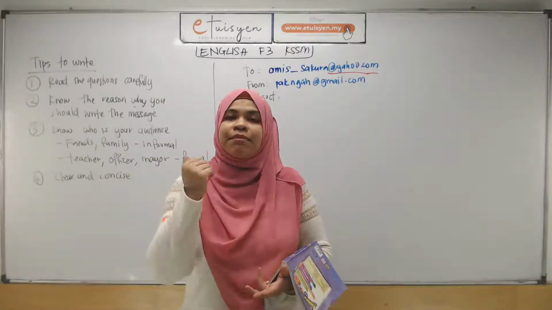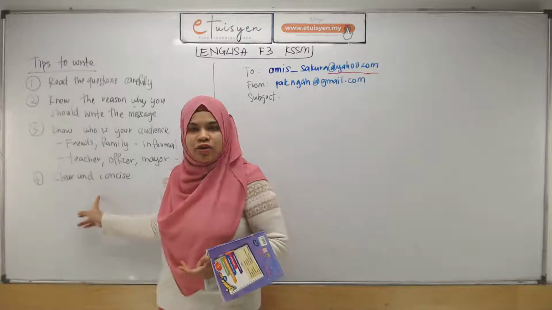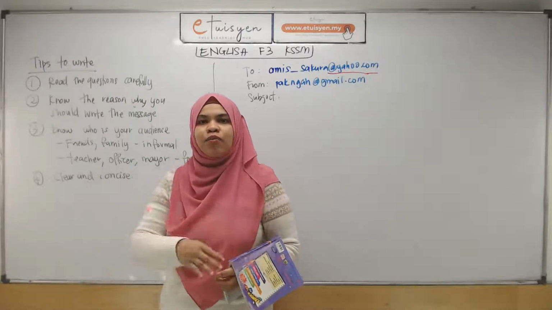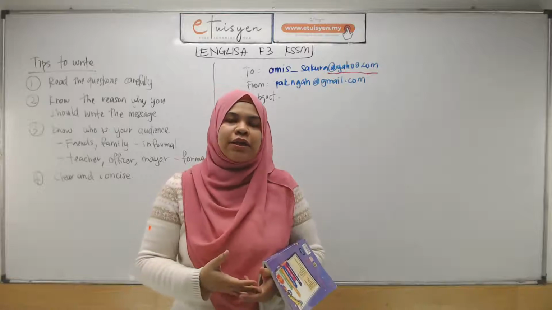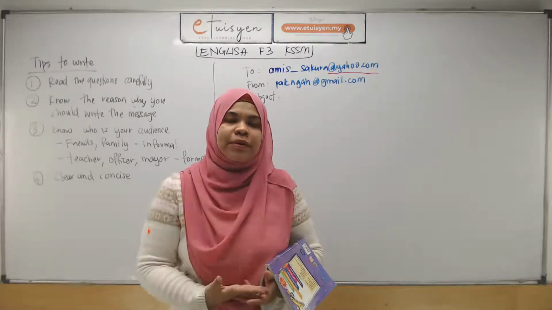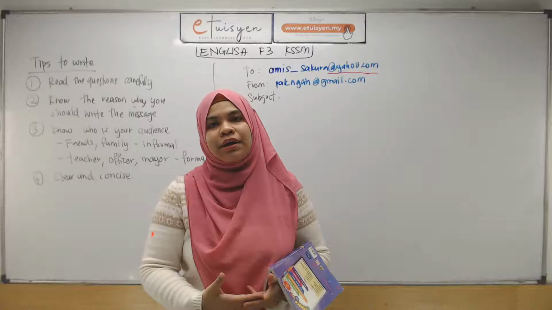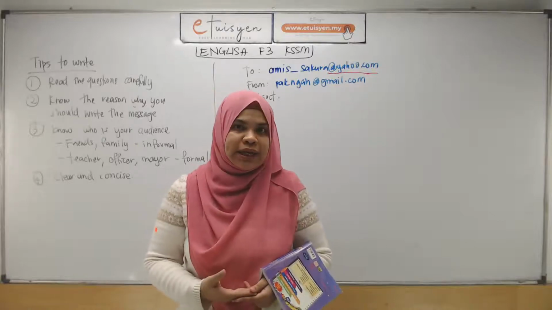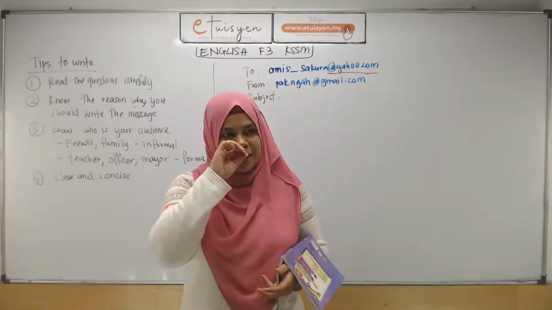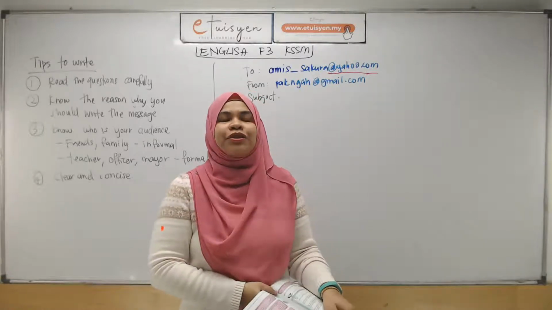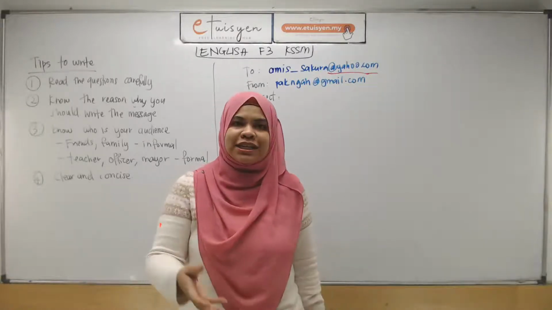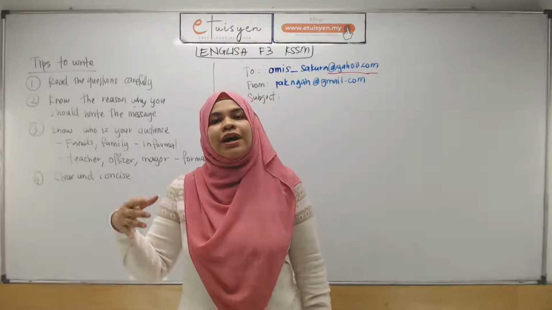Okay, yang ni memang kena clear and concise, memang kena short. Jangan buat panjang lebar. Say for example, someone is writing you an email to ask you an opinion, best tak nak holiday dekat Langkawi. Okay, janganlah tulis my opinion. So for example, can you give me your suggested places to go in Langkawi.